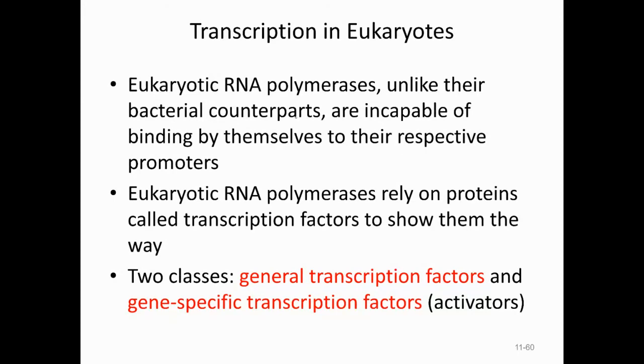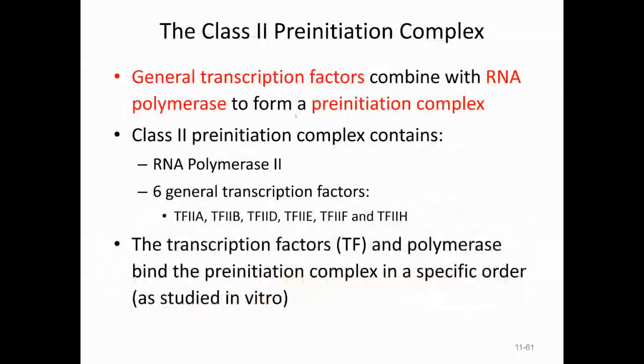The general transcription factors combine with the RNA polymerase to form the pre-initiation complex. For the class 2 pre-initiation complex, we have RNA polymerase 2 and 6 general transcription factors involved in the initiation: A, B, D, E, F, H.